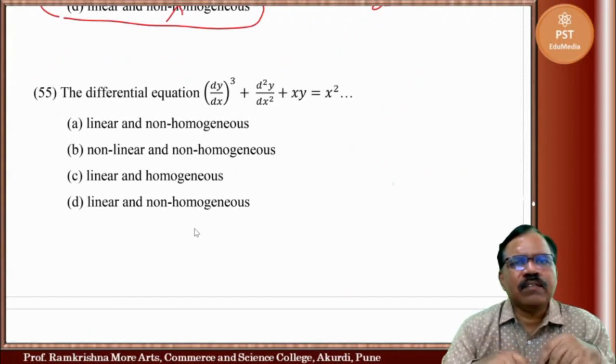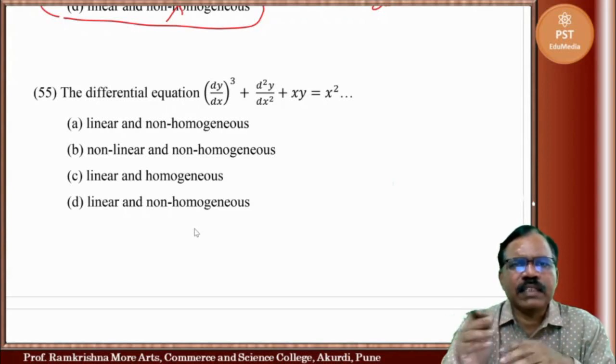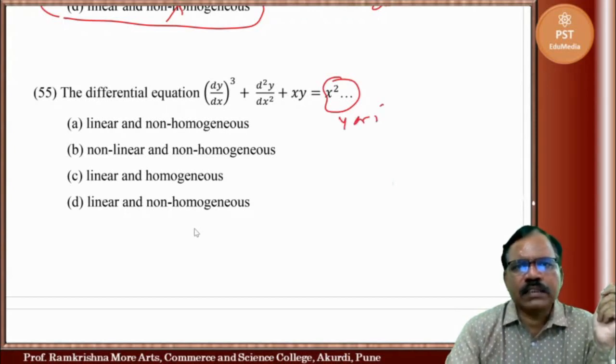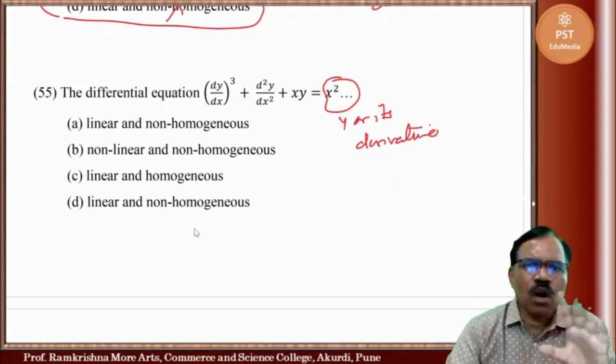The differential equation dy by dx bracket cube plus d2y by dx square plus xy is equal to x square. Now see here, this term does not contain y or its derivative. So simply it is non-homogeneous.